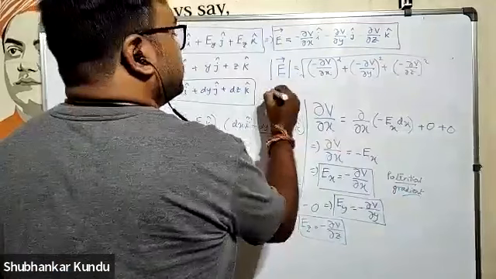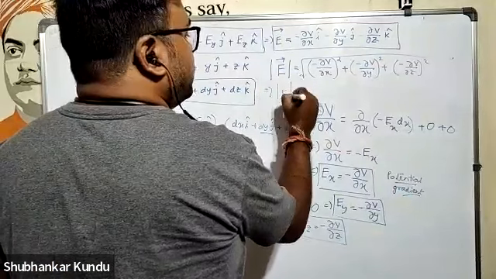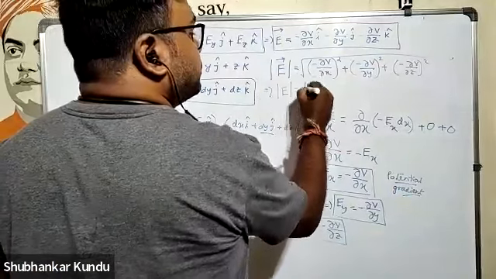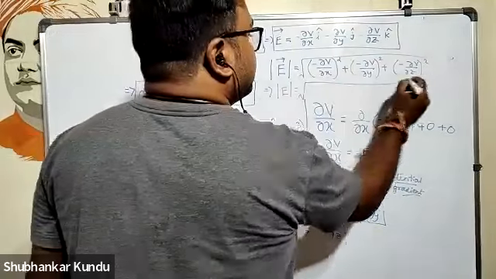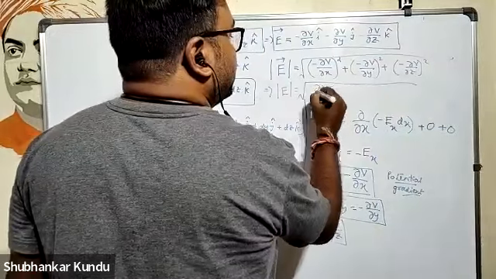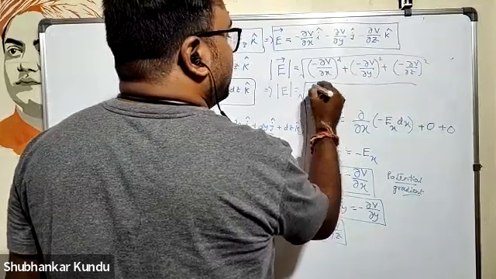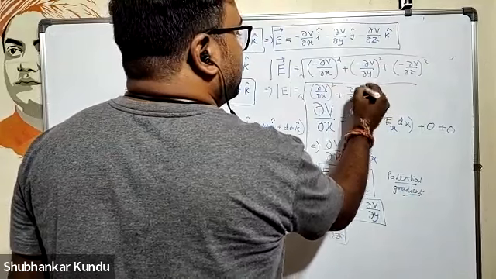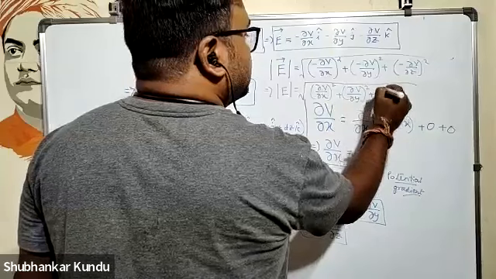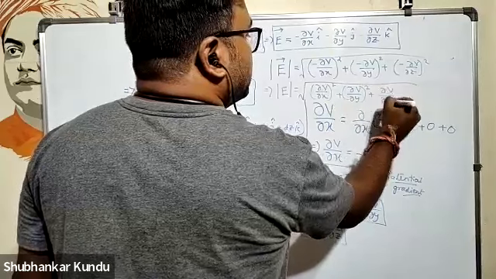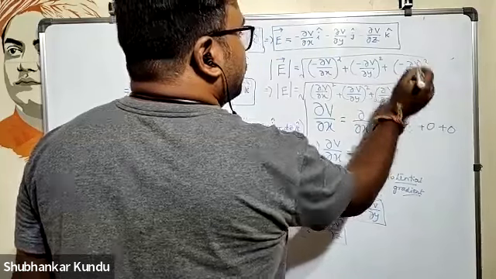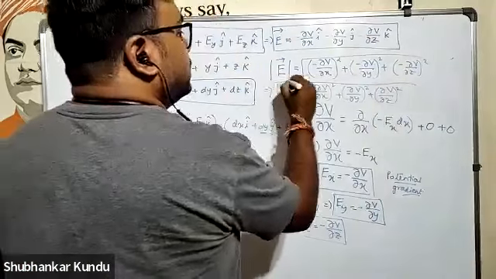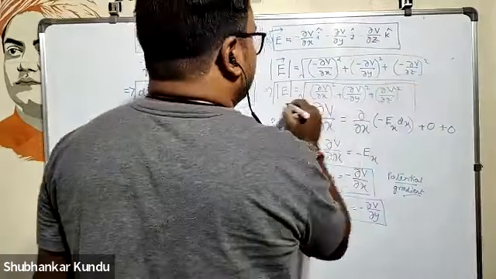That is, the magnitude of the electric field will be given as root of del V upon del x square plus del V upon del y square plus del V upon del z square. This is the electric field magnitude.